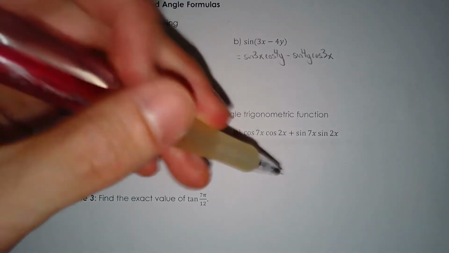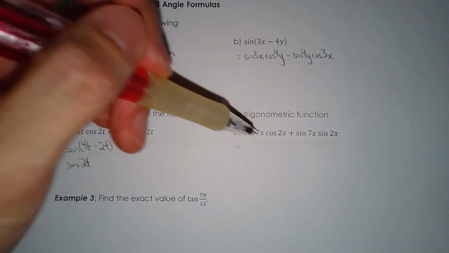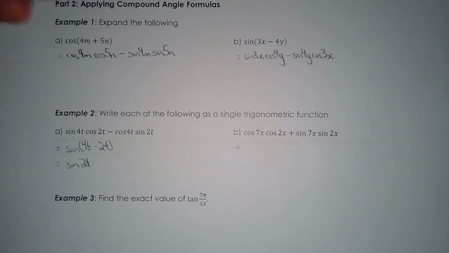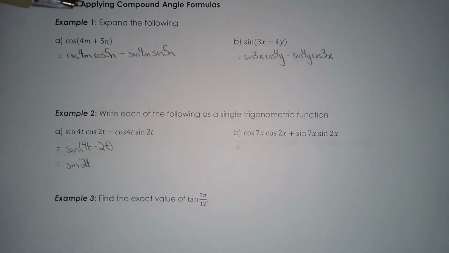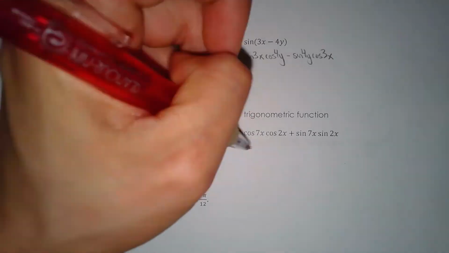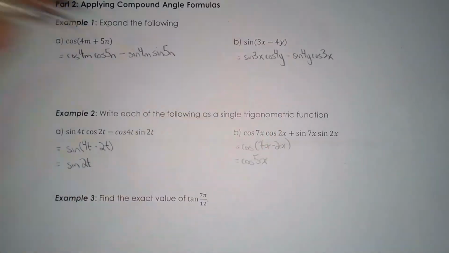Once again, if you have a hard time thinking about which formula to use, let 7x be y and let 2x be z. And then you'll see that it looks exactly like the subtraction formula for cosine. So this should be equal to cos of 7x minus 2x, which is equal to cos of 5x.